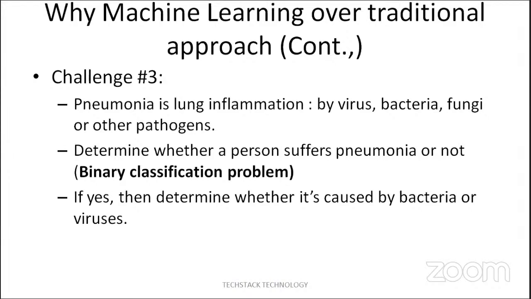Those things need to be determined properly, whether the patient is suffering from pneumonia or not. So this is treated like a binary classification problem. Why? Because it gives only two outputs. A person may be pneumonia positive, or a person may be pneumonia negative.